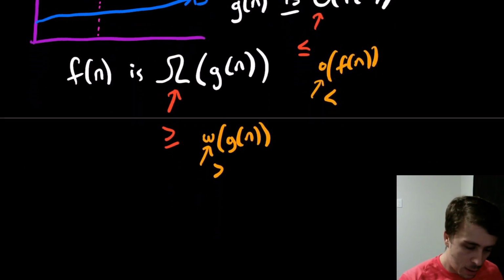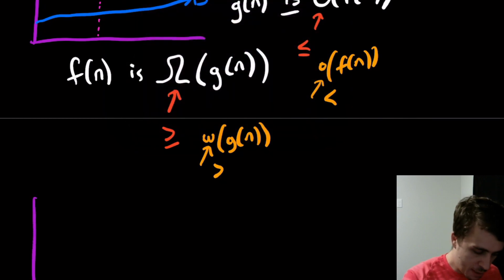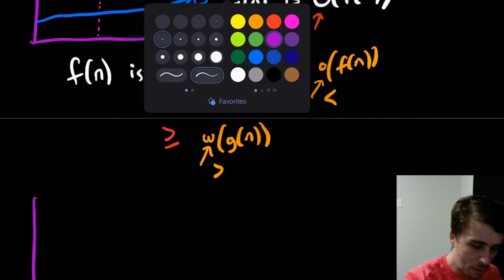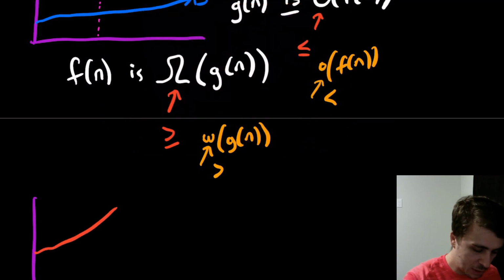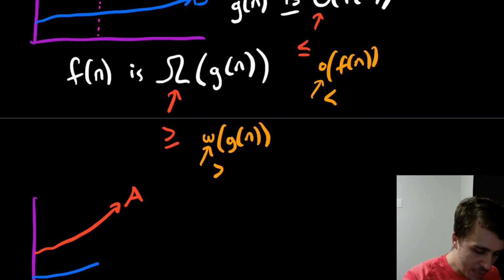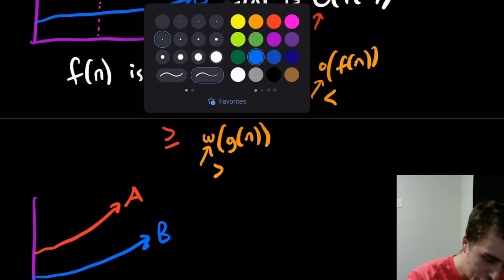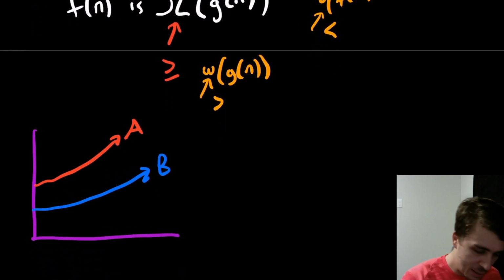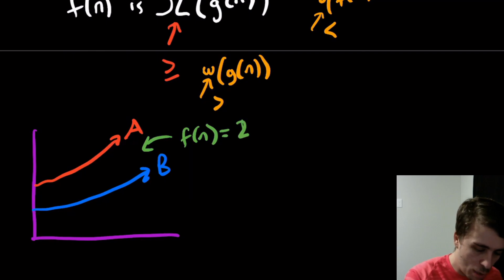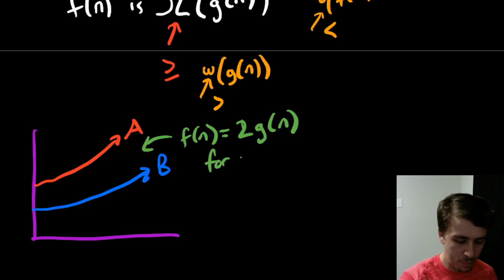Okay. But another scenario might be that we have them being exactly the same relative difference. So let's say that A is going up again, and let's say that B is half of A. So yeah, let's actually write that down. So let's say that f of n is twice g of n for all n.